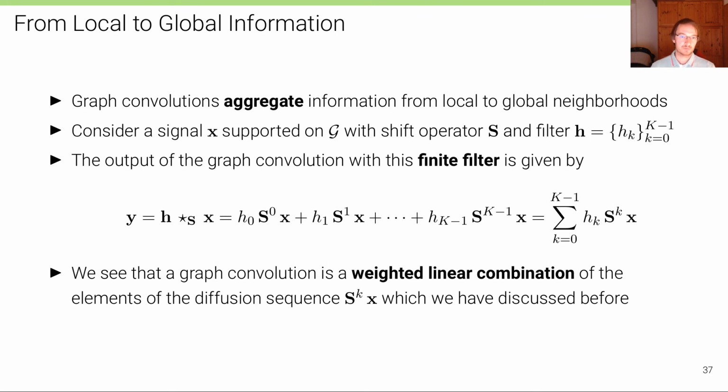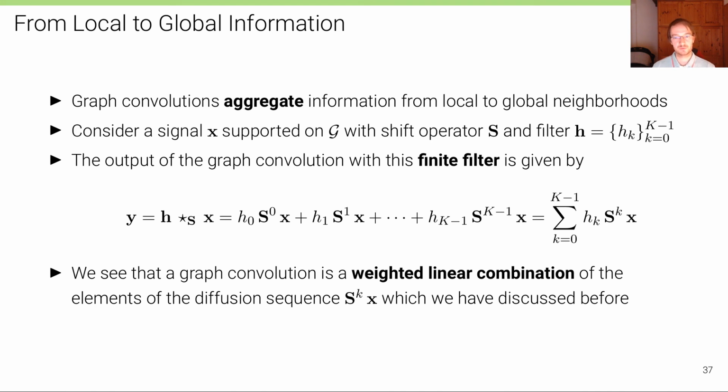So we've seen that graph convolutions aggregate information from local to global neighborhoods. Let's consider a signal x supported on G with a shift operator s and a finite filter h.